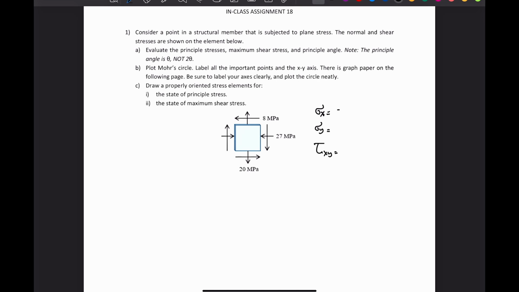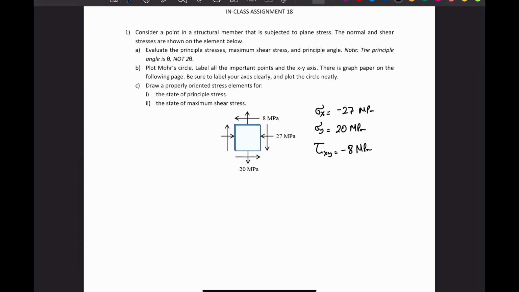Sigma x is negative 27 because 27 is compression here, and it's megapascal. Sigma y is 20 megapascal, and the tau is negative 8 megapascal. If you remember, this is the negative sign convention for the shear. Okay, and now we can start solving for the requirements here.